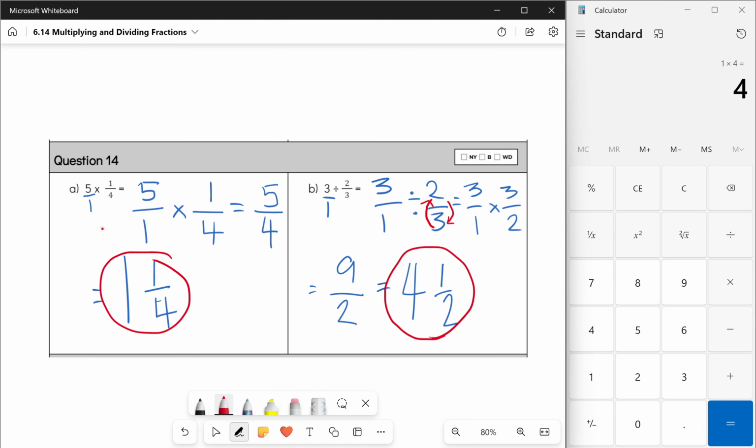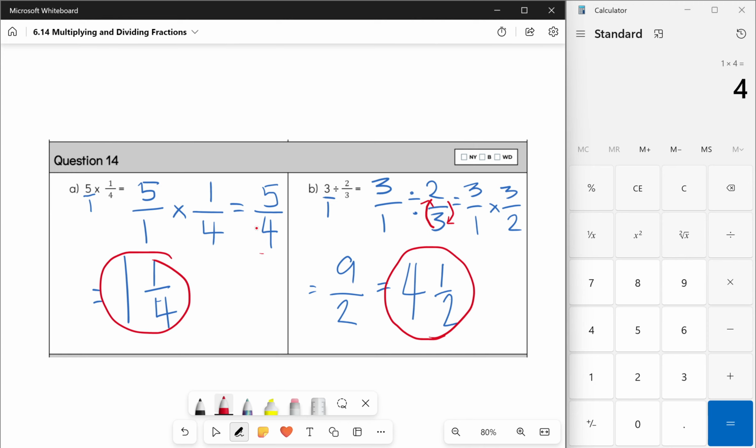Over here, I'll just go over it once more. We took our whole number, 5, we turned it into a fraction, so it was 5 over 1. And then, easy street, we did our denominator times our denominator. 1 times 4 gave us 4. And our numerator times our numerator. 5 times 1 gave us 5. This gave us an improper fraction, 5 over 4, and we did the same process.